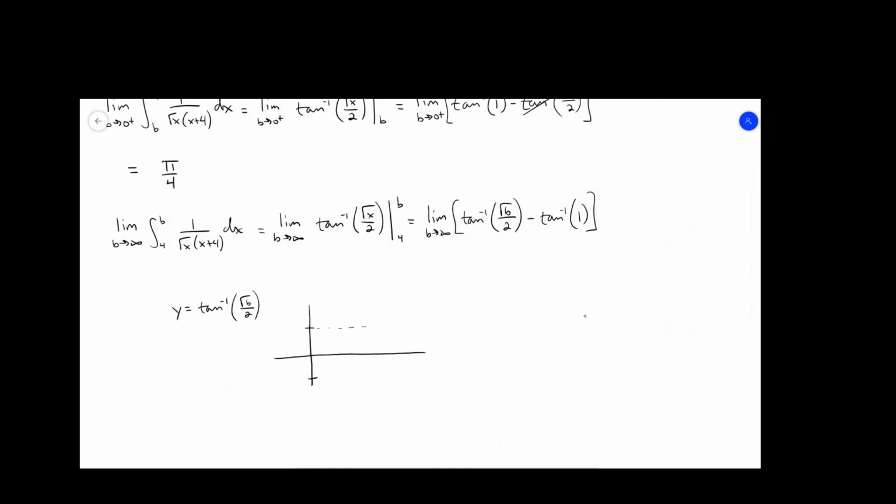Remember that the inverse tangent has 2 horizontal asymptotes, right? It does this kind of thing. Okay, so now let's see, what are those asymptotes is the question. Does it stay as pi over 2? Yeah, okay, cool. So the asymptote stays at pi over 2. So that means that this limit here is going to be pi over 2. And then minus the inverse tangent of 1, which we said was pi over 4. And so that ends up being pi over 4 then.